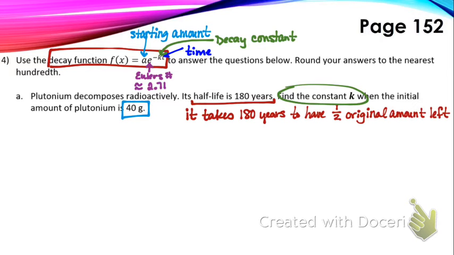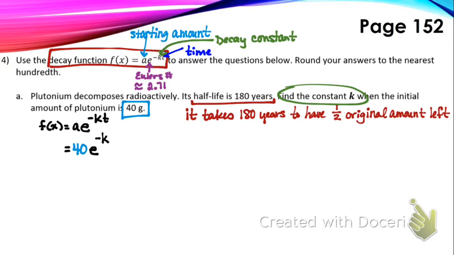In for a. Okay, so I have f of x equals a e to the negative kt. So in the place of a, I'm going to put 40. E is not a variable. E is a number, so it stays e. I'm supposed to be finding that decay constant, so I keep the negative k there. And I need to fill in these other two pieces.